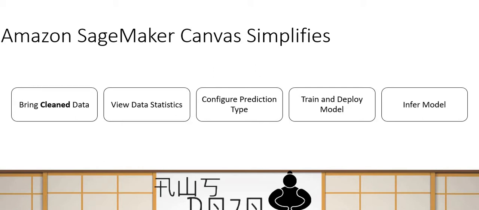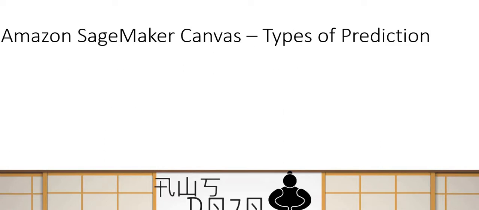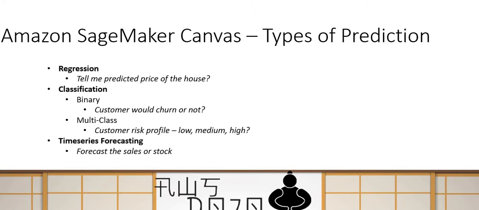So, a few facts about Amazon SageMaker Canvas before we jump onto the demo and see this service in action. What types of prediction can it make? At this point in time, it can make three types of prediction. Regression problems, which is where you want to do any kind of numeric prediction, like the example I gave you: tell me the price of this house.